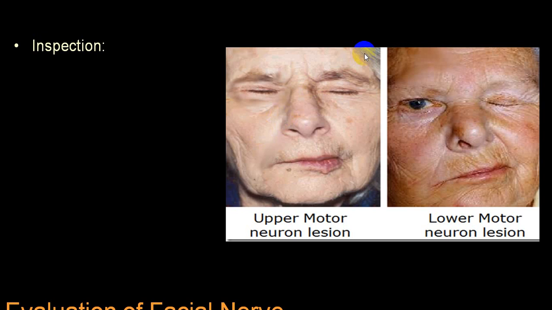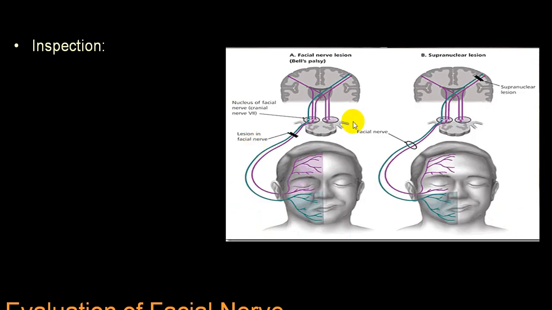So it will be damage to the pyramidal tract, corona radiata, or internal capsule, above the midbrain or in the midbrain of the opposite side. So it will be upper motor neuron palsy in this particular patient on the left side. So you've got a right side upper motor neuron lesion. That I've already explained before.